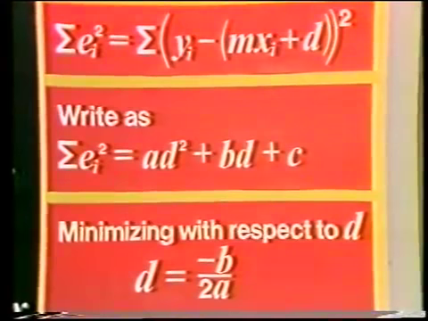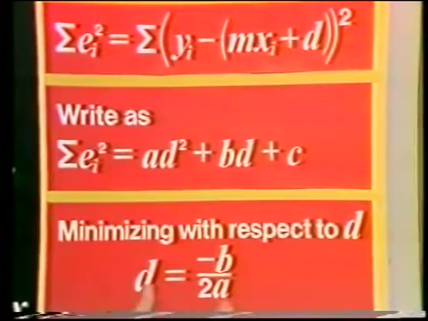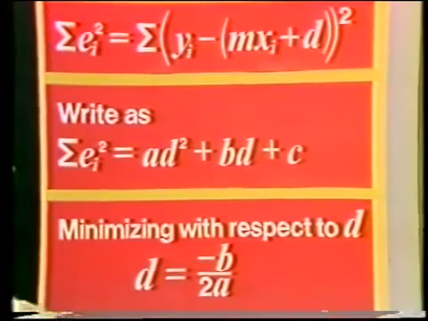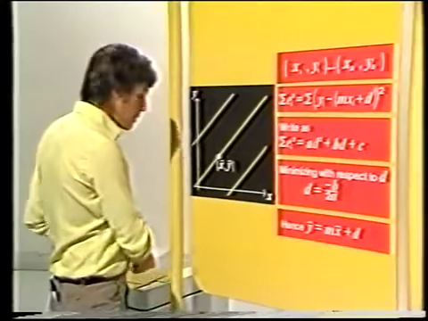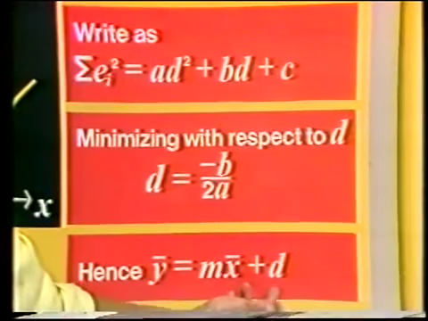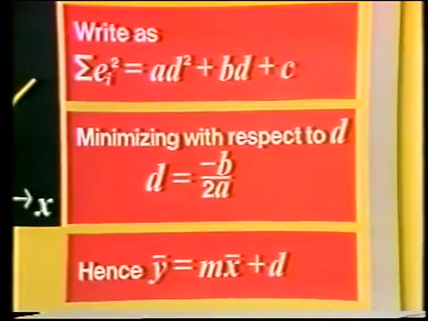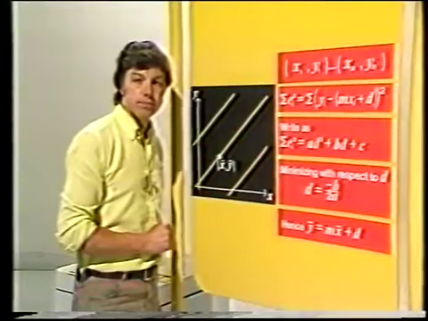And that gives us a relationship between m and d, because remember, A and B involve m. So that gives us a relationship between m and d, which turns out to be this, that y bar is m x bar plus d, where x bar is the mean of the x values, and y bar is the mean of the y values.